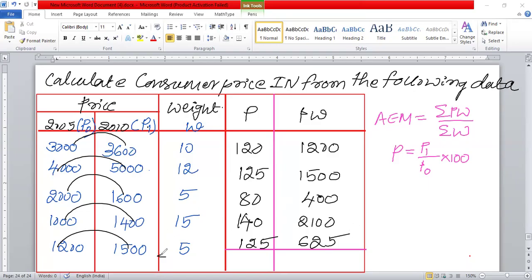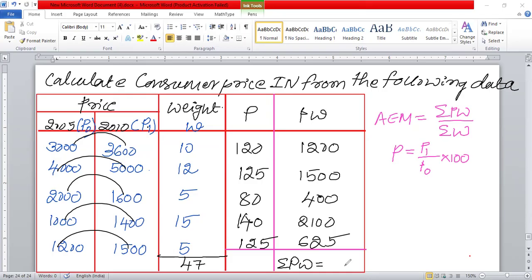So summation W total is 10 plus 12 plus 5 plus 15 plus 5, so 47. What about summation PW?